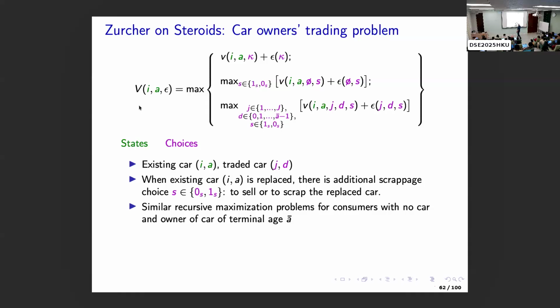This is your sell-scrap choice. And if you replace, you have to choose what kind of car you're replacing with. Is it a Volvo, or a 5-year-old Volvo, or a 7-year-old Volvo? And what to do with the old car? So all these essentially give you the different choices. It's just a little bit more elaborate.